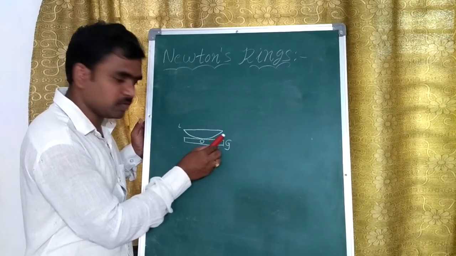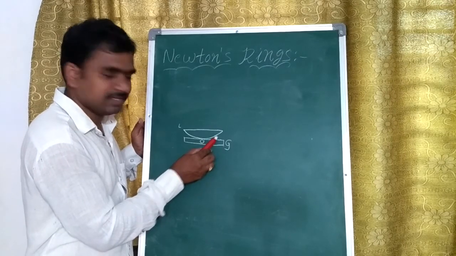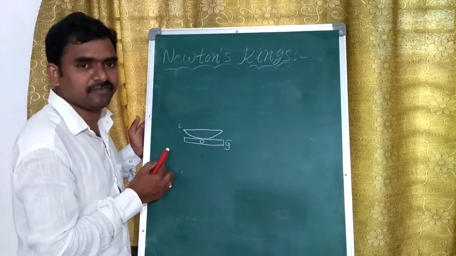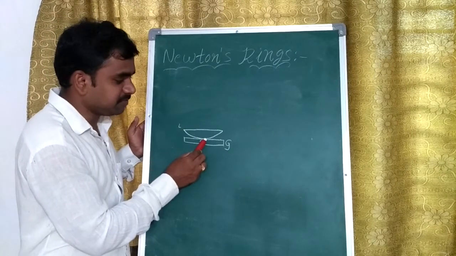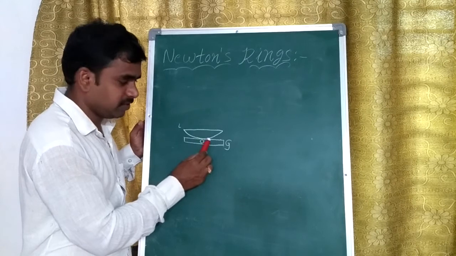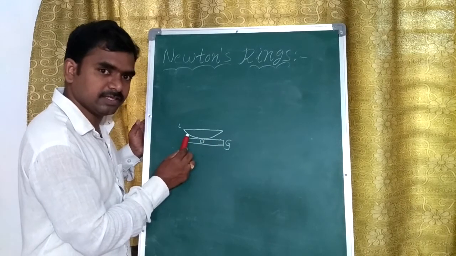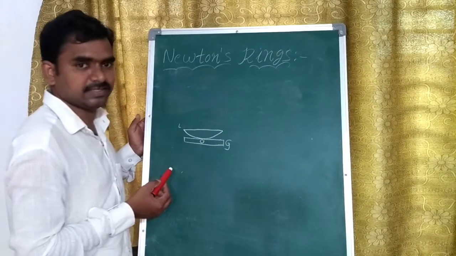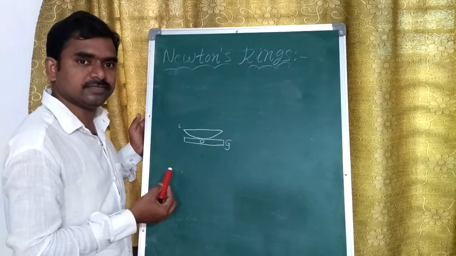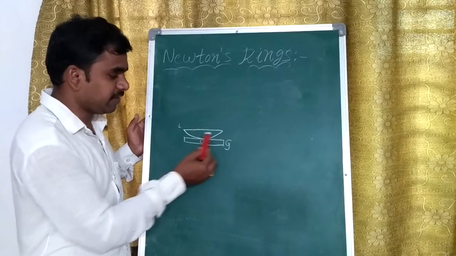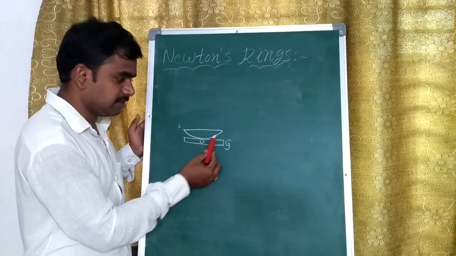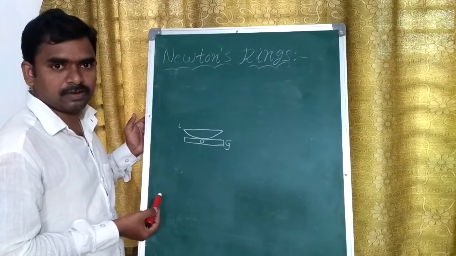In between these two, air will exist. This film is called an air film. The thickness of the air film increases as we go from the center towards the end of the plano convex lens.